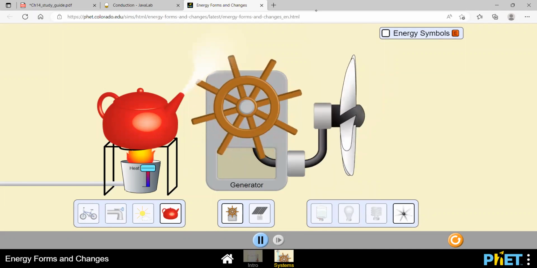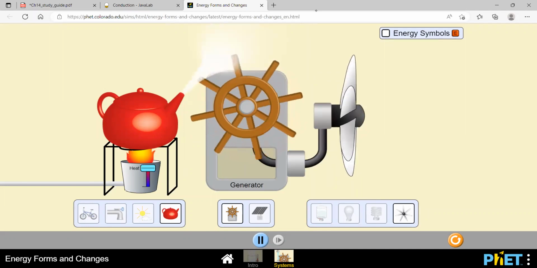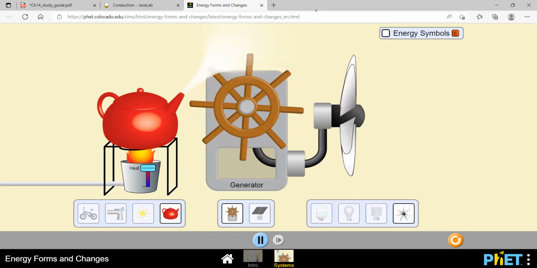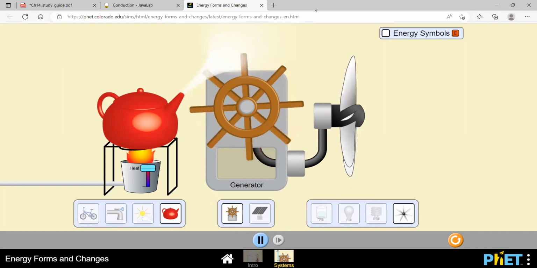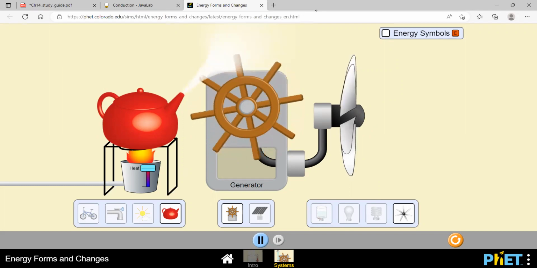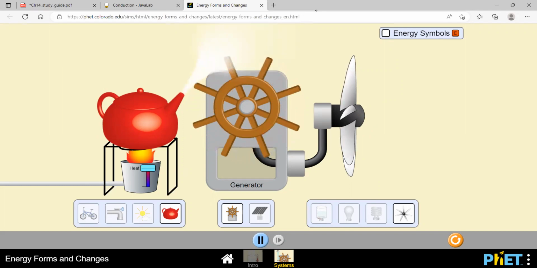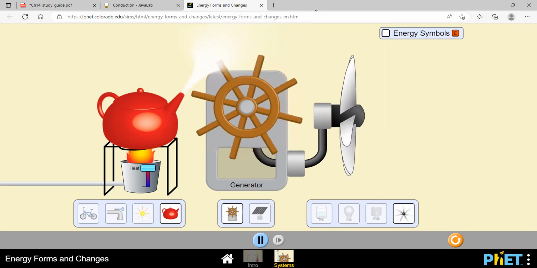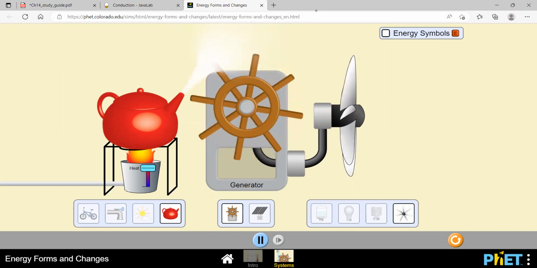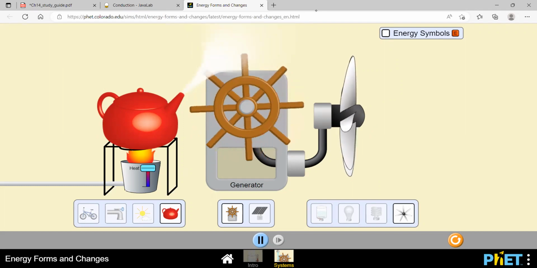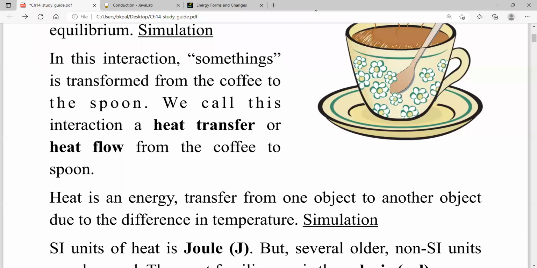You see that you are adding heat to the water in the pot, and that is working on the turbine. So you see that heat can do some work. This demonstrates that heat is an energy.